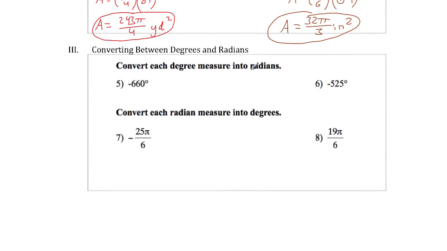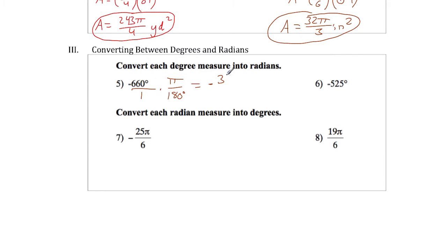Okay, here's some good questions here. To convert from degrees to radians, remember, we make that a fraction over 1 and multiply by pi over 180 degrees. We can cancel out the zeros first, so we get 66 over 18. We can divide that by 2. So first off, it is a negative, so we put negative.